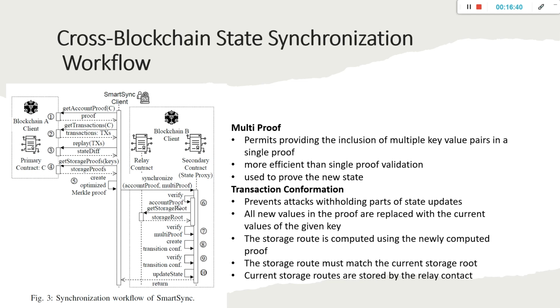When the verification is done, the multi-proof procedure also takes place, and it also creates the transaction confirmation and then verifies the transaction confirmation. When each of the states is verified, then the state is updated. So that is the working procedure of the synchronization of this SmartSync method.